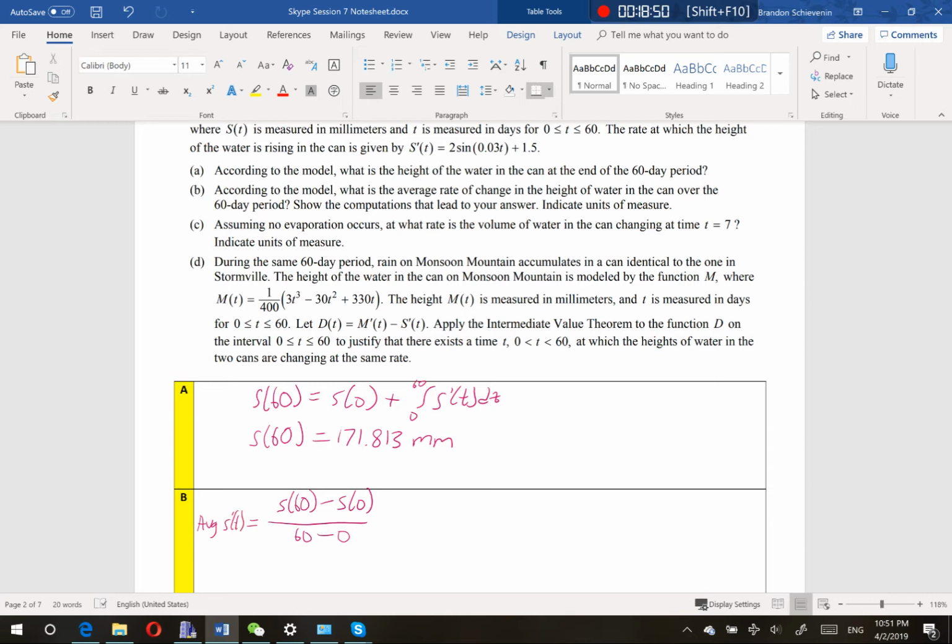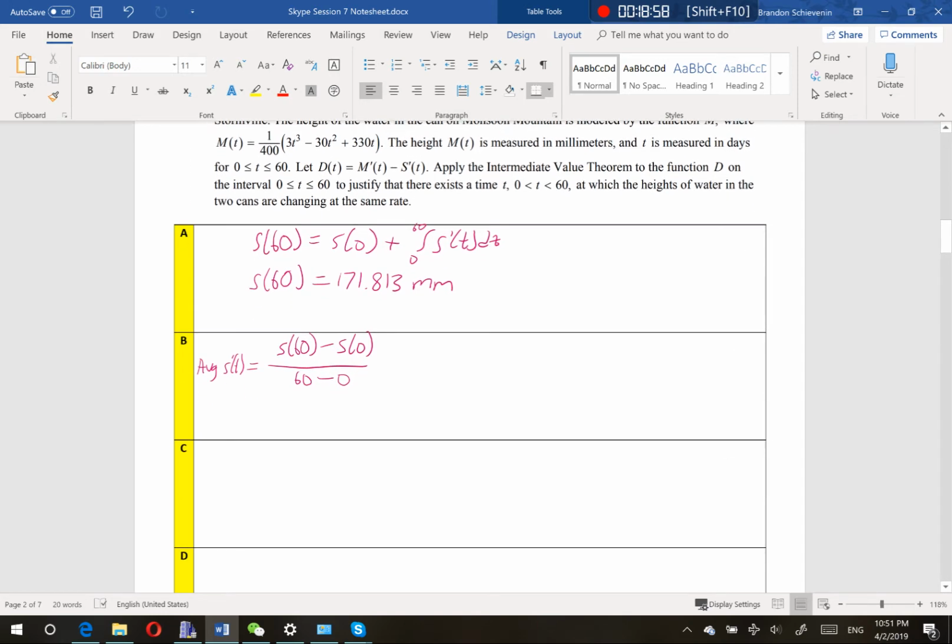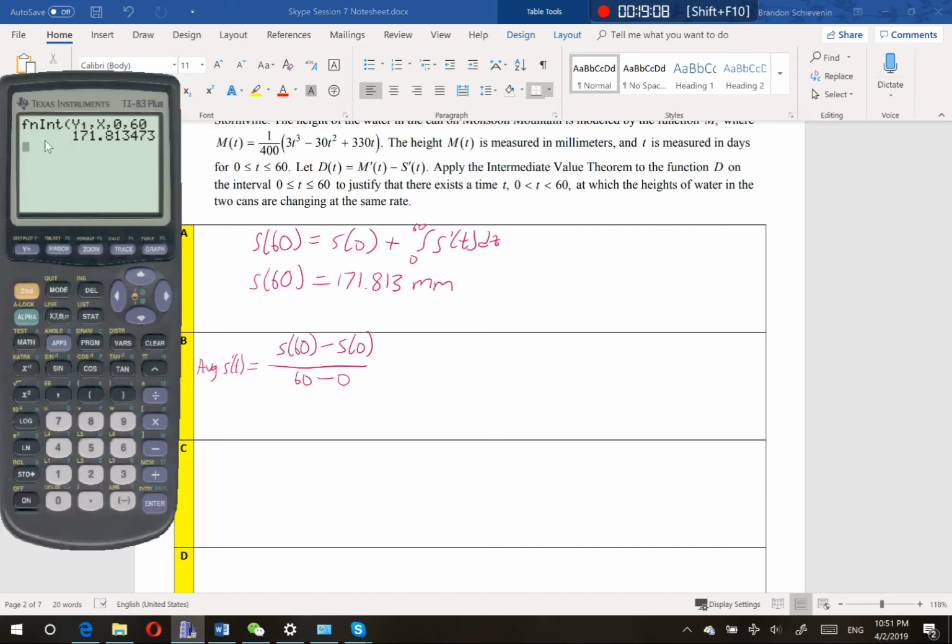Your method would have worked. We could integrate this and then divide by 60 to get my average using average value formula. And this is the same math, but we've already integrated from 0 to 60, so we already know this number. And I've actually still got it in my calculator up here, so we know that s at 0 is 0.